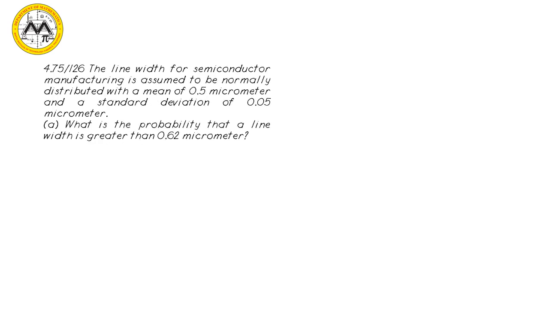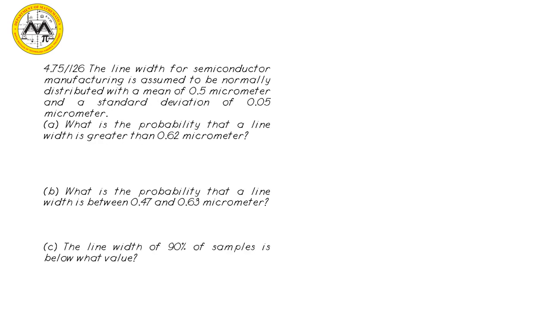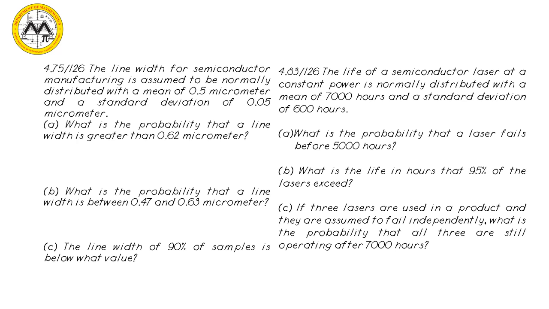These are some of the additional problems you can solve, and we're going to discuss this if you have questions. The line width of a semiconductor manufacturing process is assumed to be normally distributed with mean mu of 0.5 and standard deviation sigma of 0.05. What is the probability that a line width is greater than 0.62?